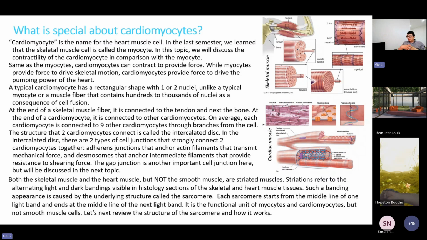So it's a linear contraction. In skeletal muscle, the cell has another name, myocyte, a muscle cell. And a single myocyte is actually a fusion of hundreds, even thousands of cells together, and they all fuse into one fiber.